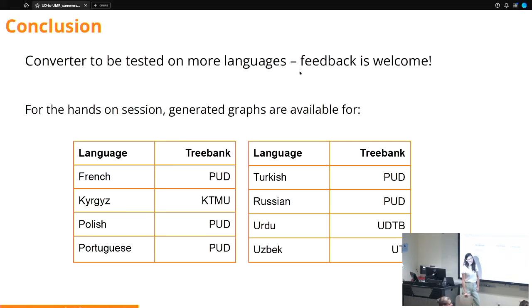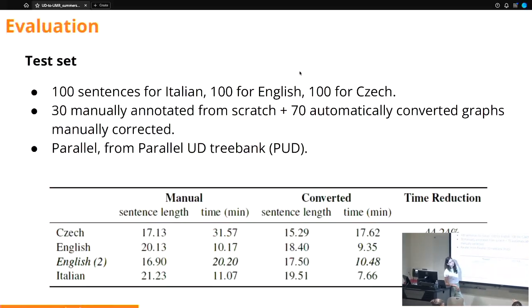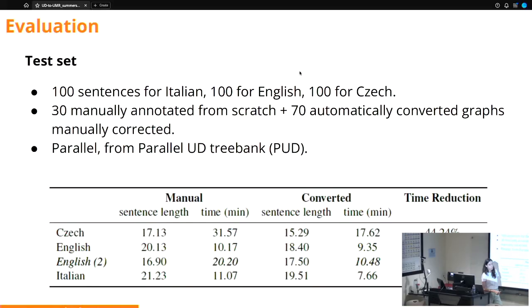And there is one more thing for the parallel part, if I may. Please correct me if I'm mistaken: you have tried to compare the parallel sentences from part 1, the PUD treebank. Am I right? The Czech, English, and the Italian one, they are parallel.